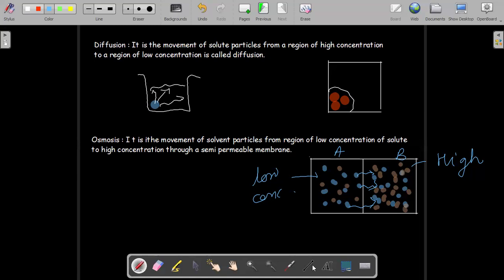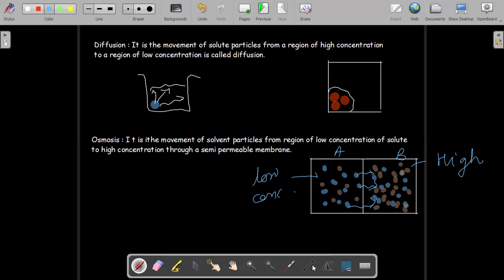Here we observe the movement of water particles. We can see this in real life if we see anyone cooking vegetables and they add salt, we can see water coming out of it. Water coming out of what? Out of the vegetables. Yes, water coming out of the vegetables, that is of course osmosis.